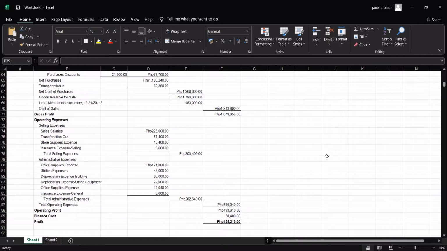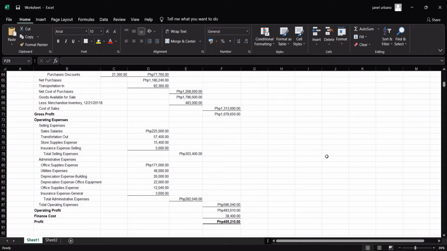For the administrative naman, 282,640. 'Di ba pag expenses, ang sabi ko kanina is deducted. Kaya, i-deduct yung operating expenses sa gross profit, we will get the 493,610. That's the operating profit.